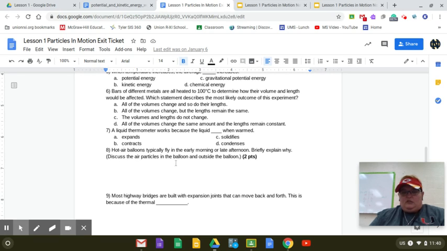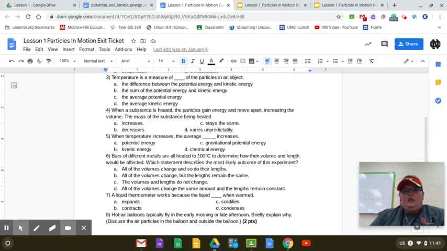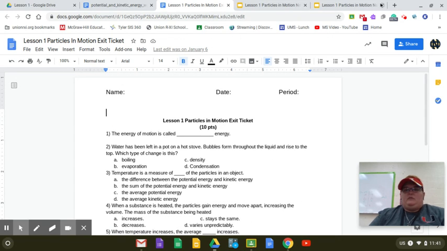However, there is one here, number 8. So it says, hot air balloons typically fly in the early morning or late afternoon. Briefly explain why and discuss the air particles in the balloon and outside the balloon. There is an EdPuzzle that is also going to be assigned to you that will help to explain why the hot air balloons work the way they do. Okay, so that's one of the 2 assignments with this.